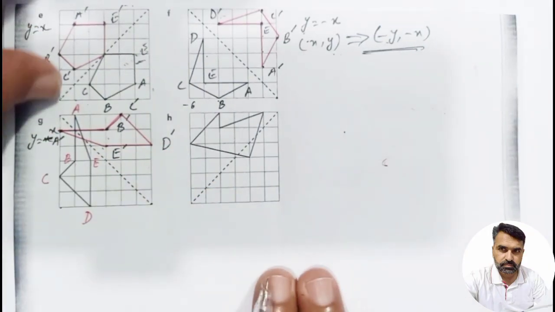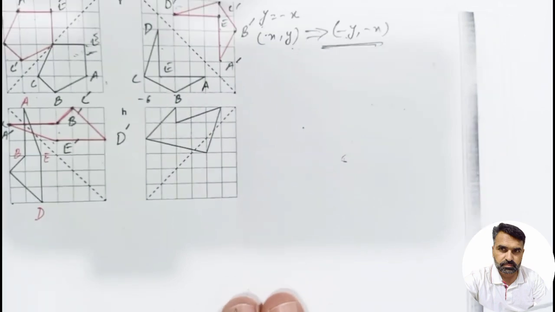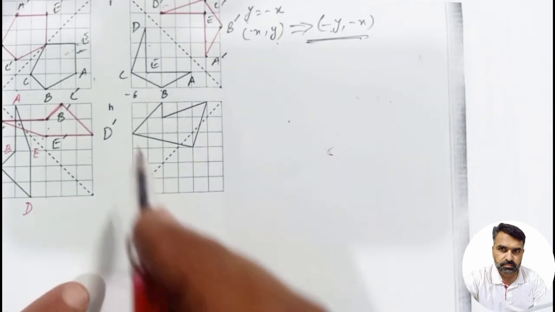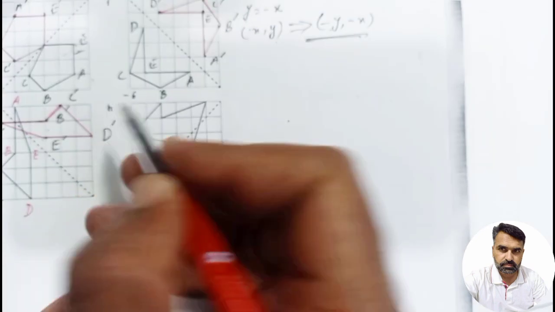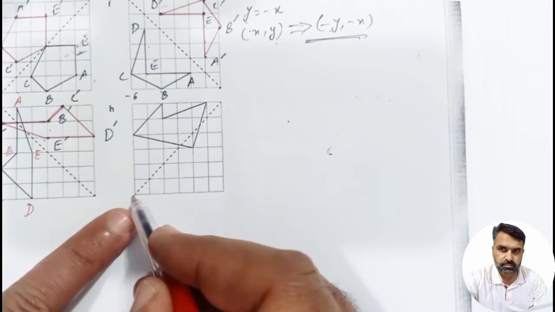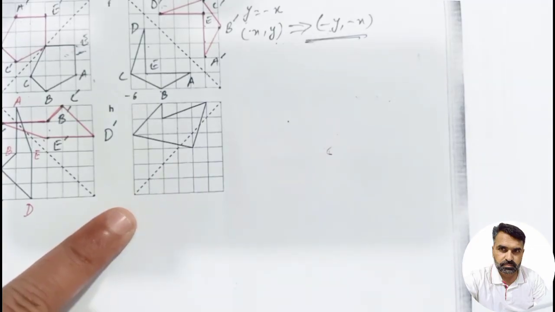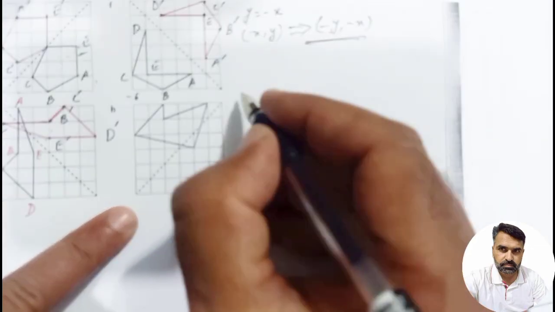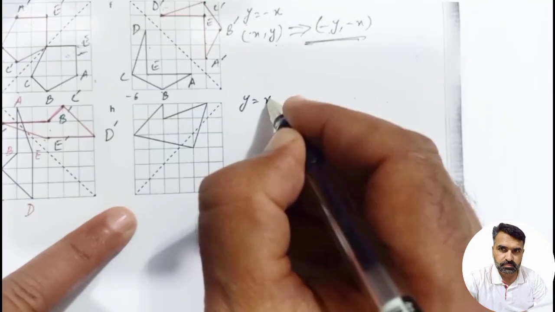Now students, look at part H. This line is moving left to right upward, so the equation is y is equal to x.